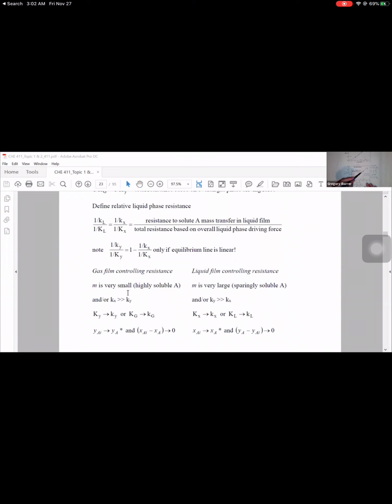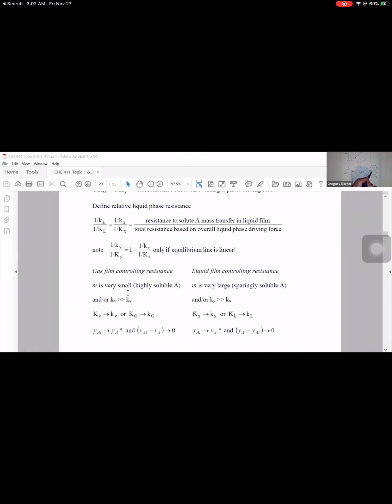As the value for M gets small, if you just look at the value for M right here, which is reflective of Henry's law, as that value gets smaller, the contribution of this term gets smaller, but it's expressed as a reciprocal sum.